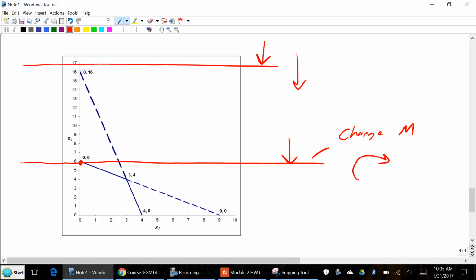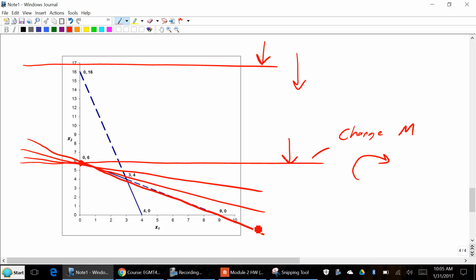All right. What's going to happen is, as this starts to change, it looks like this, that there's going to be a region, a certain interval of slopes where this remains the optimal value. And then there's going to be some magic slope, and that magic slope is going to be the exact same slope as one of the boundaries, where then it's going to touch in multiple places.